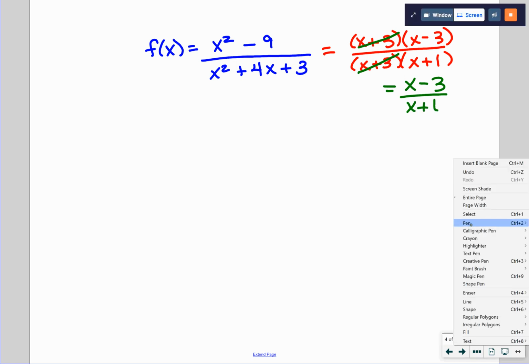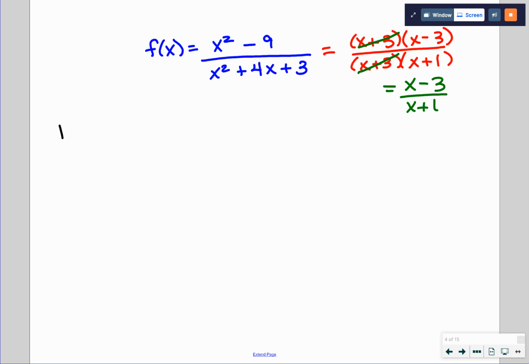Okay, so things that I can get from all of this. The first thing I can get is a hole. Now, if nothing canceled, we would just say there is no hole. This one, something canceled. So I'm going to take that x plus 3, what I canceled, set it equal to 0. So we can say there is a hole at x equals -3. If you want to find the coordinates of the hole, -3 is the x coordinate.